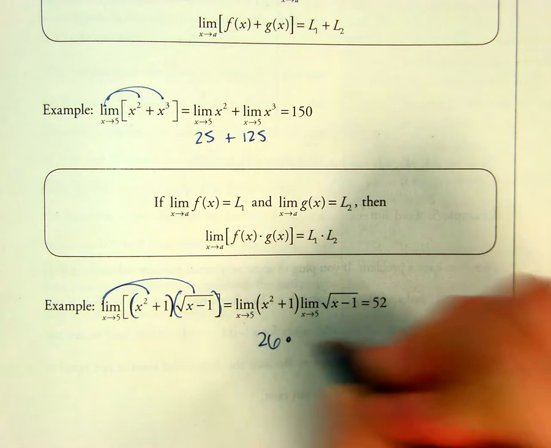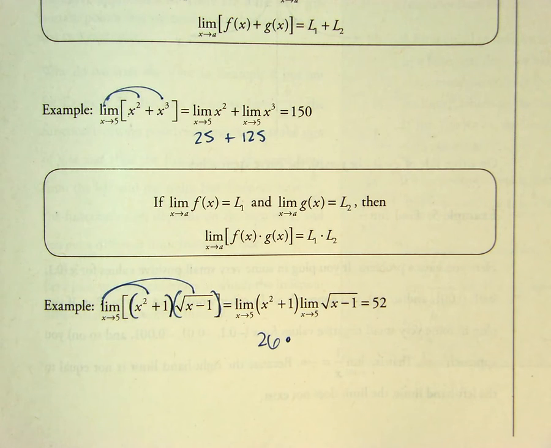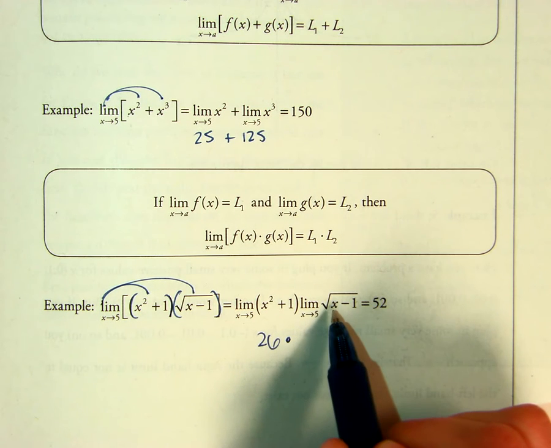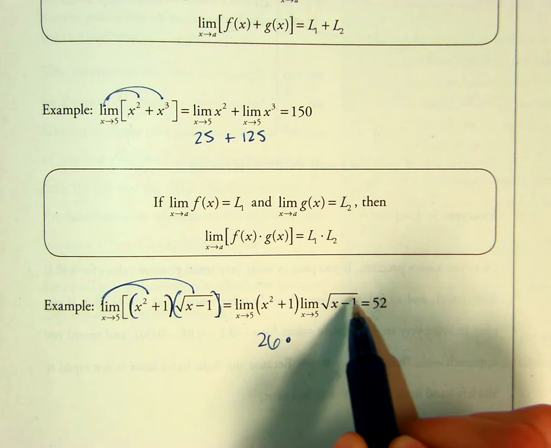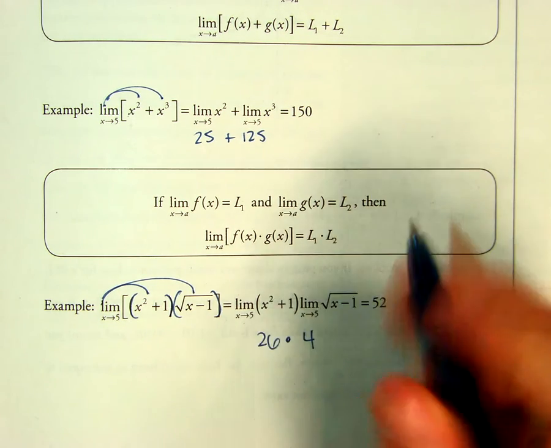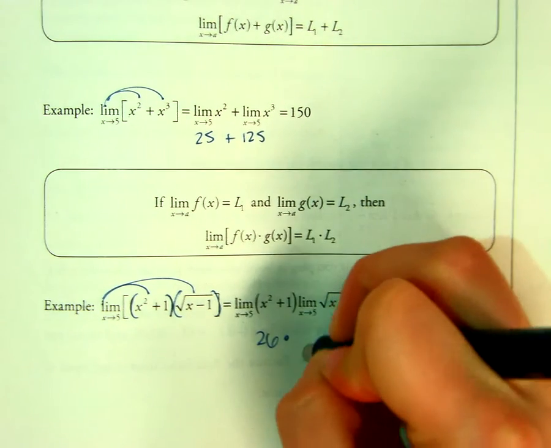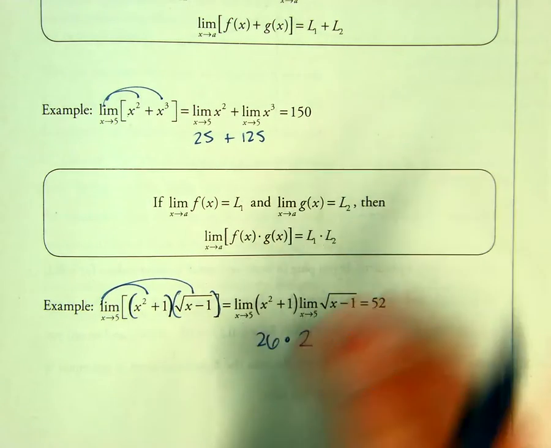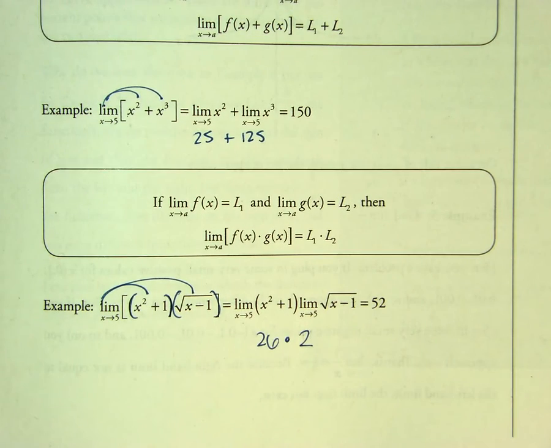Notice that it is still multiplying in between, so we need to keep the operation that's still there. And the square root of 5 minus 1 is the square root of 4, which is 2. So 26 times 2 is 52.